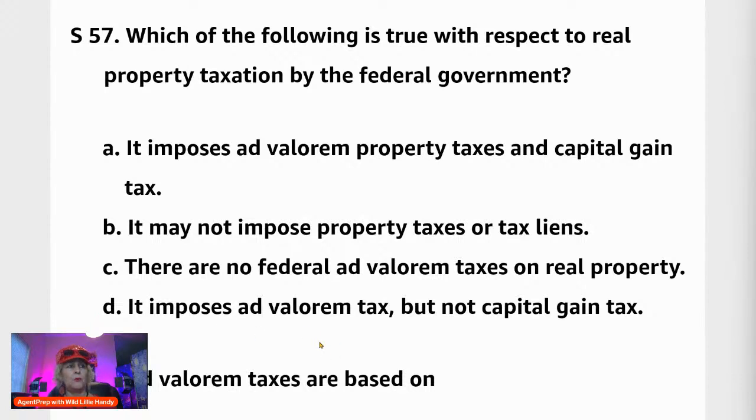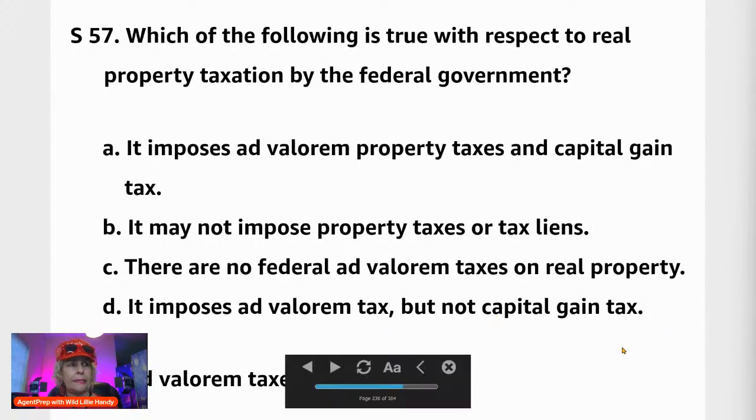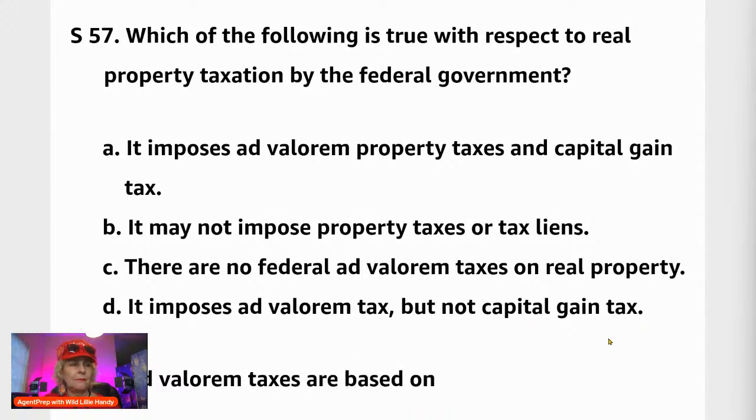Or D, it imposes ad valorem tax, but not capital gain tax. Well, it's not D, because they do capital gain tax. And it doesn't impose property taxes, but it could impose tax liens. Federal tax liens, IRS tax liens.